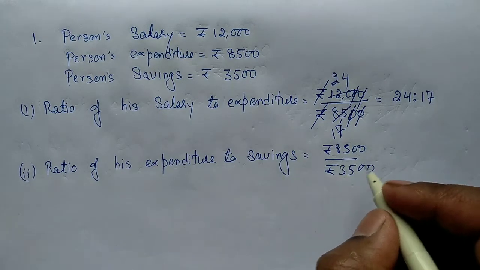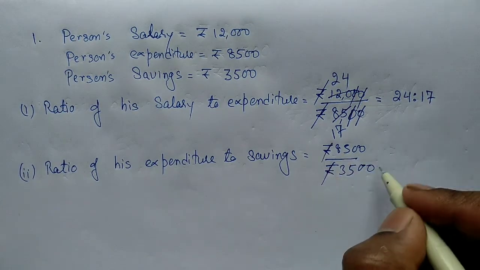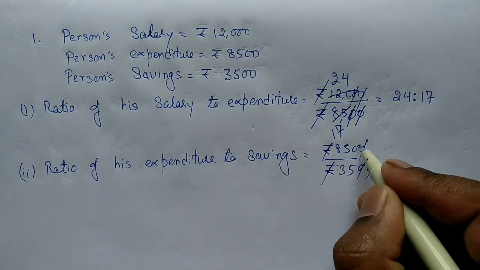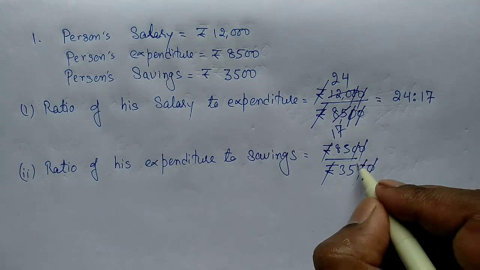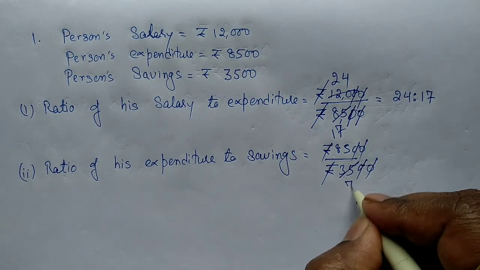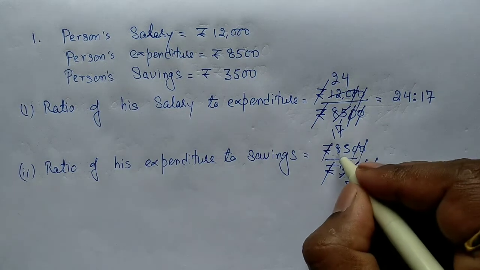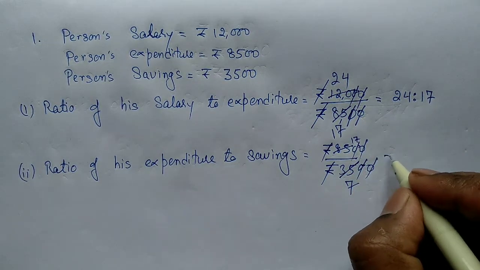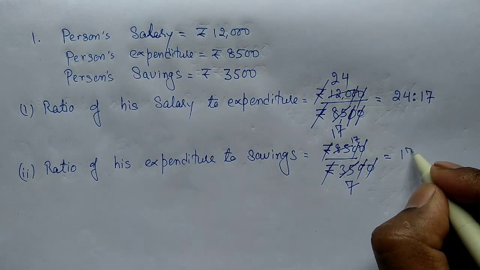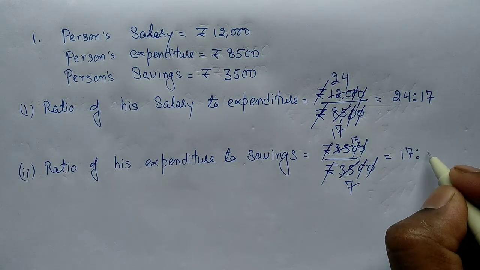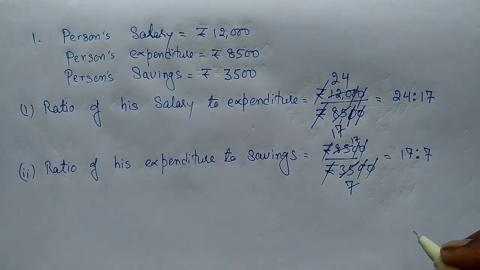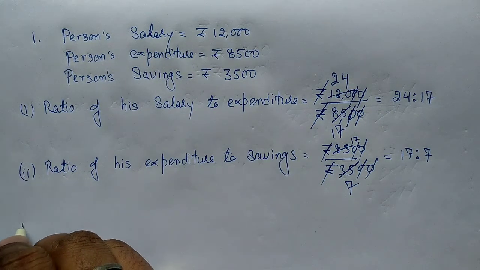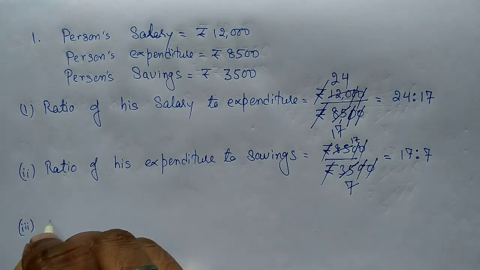Let us try to cancel them. Rupees and rupees get cancelled, 0 gets cancelled, 0 and 0 also get cancelled. Now this 35 can be cancelled by 5, 7 times, and 85 just now we cancelled, it can be cancelled 17 times. Hence the answer will be 17:7, right? Now let us go to the third one, number 3.